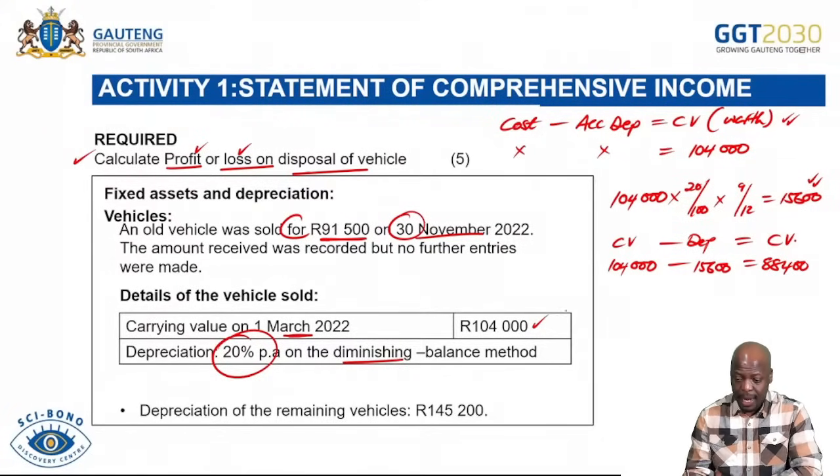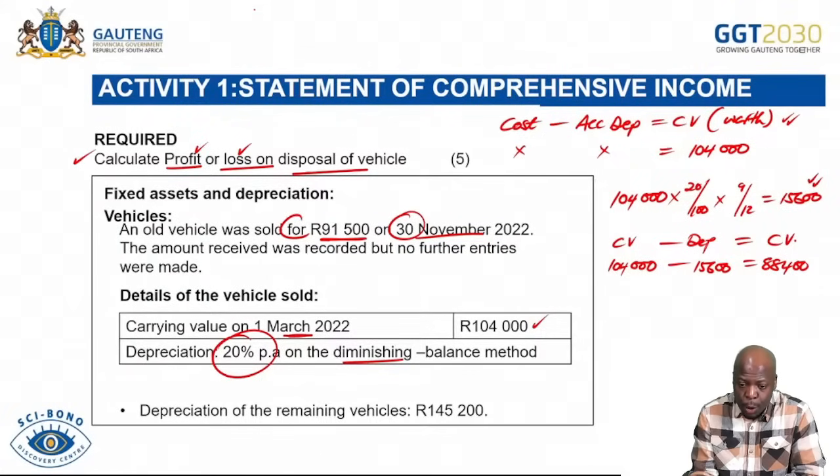Now, if the carrying value on the date of disposal is 88.4, we want to know whether we made a profit or a loss. So we sold the vehicle for 91.5, yet its carrying value was 88.4.